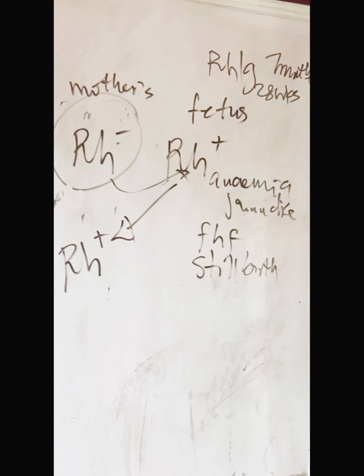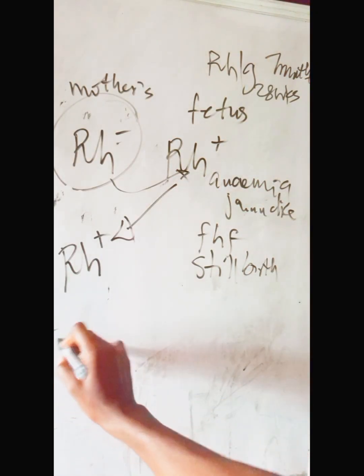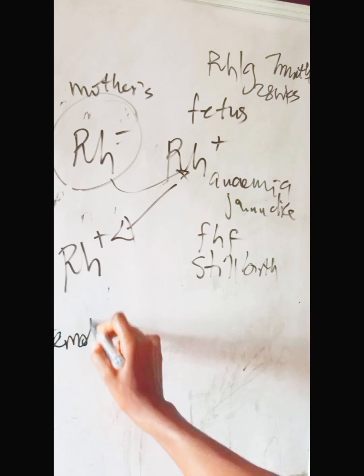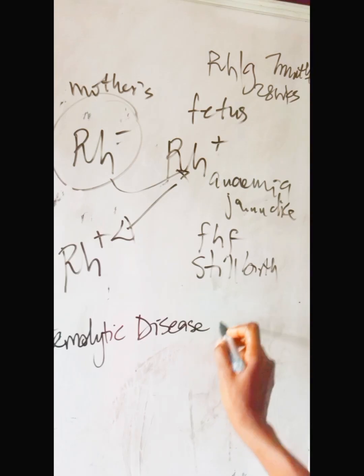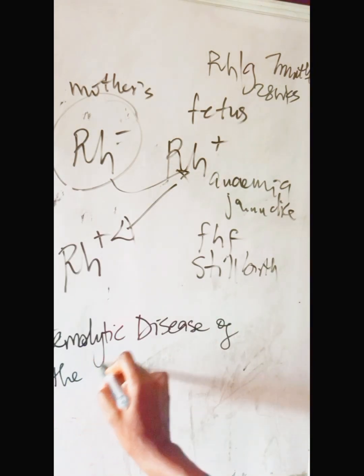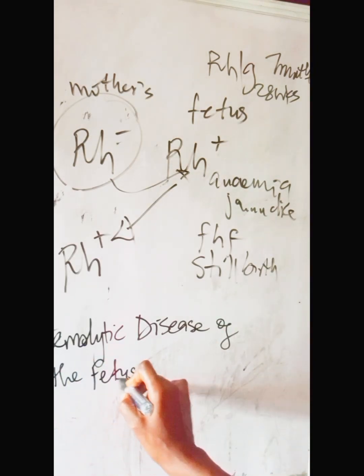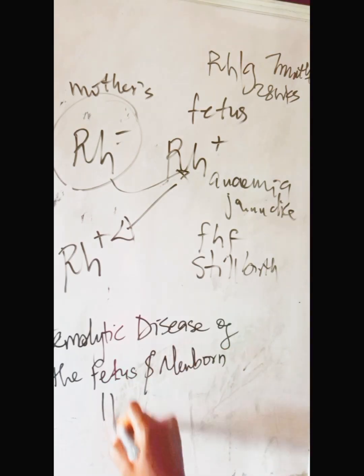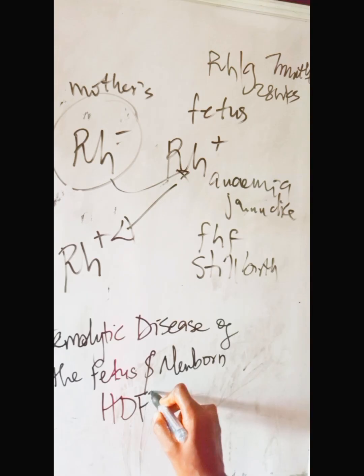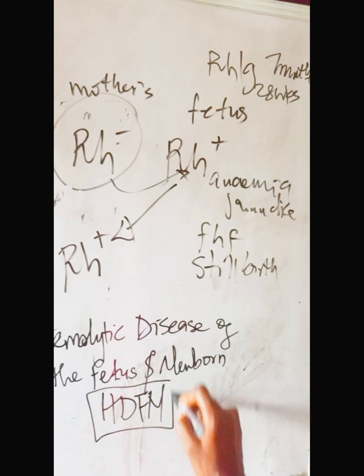The condition of stillbirth due to the mismatch of the mother and the fetus Rhesus factors is what is called hemolytic disease of the fetus and newborn. This is abbreviated HDFN.